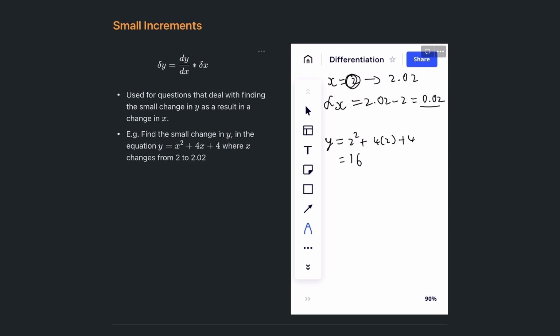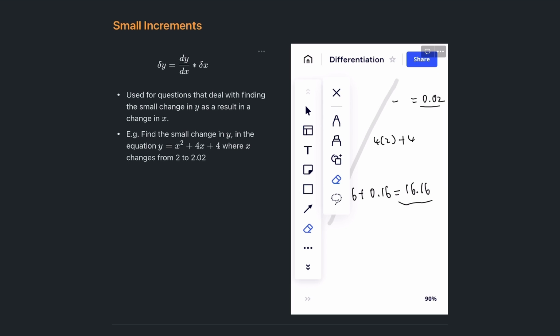So that's the original value of y, and you know that y changed by 0.16. So your new value of y should equal 16 plus 0.16, which is 16.16. That's your new value of y. And that's it for small increments.